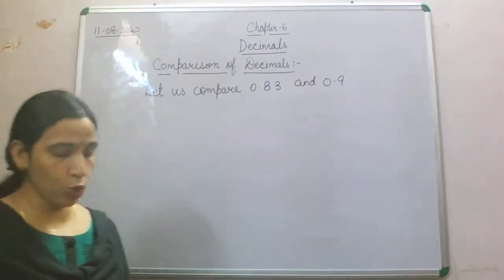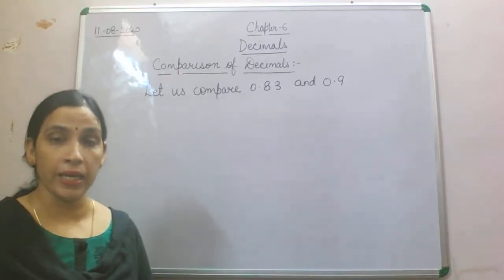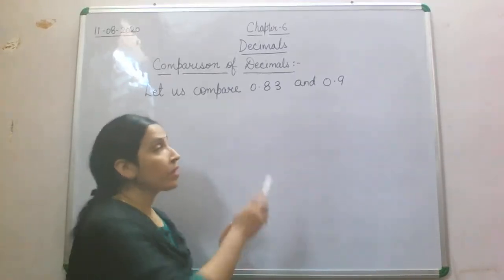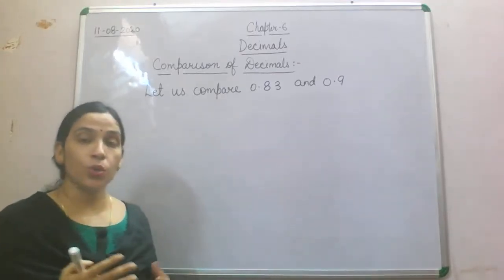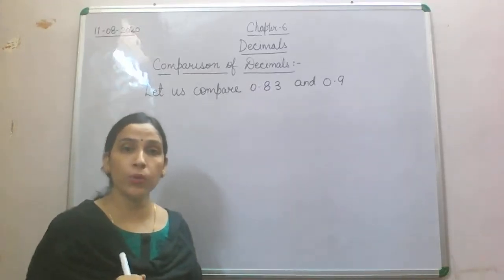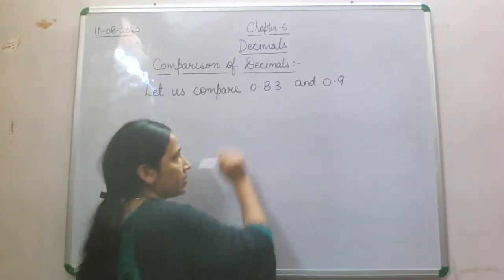Fine. Now in this question you can see on the whole number place you have 0 and 0 only, so you are not going to compare that. It means you are going to compare the decimal place.